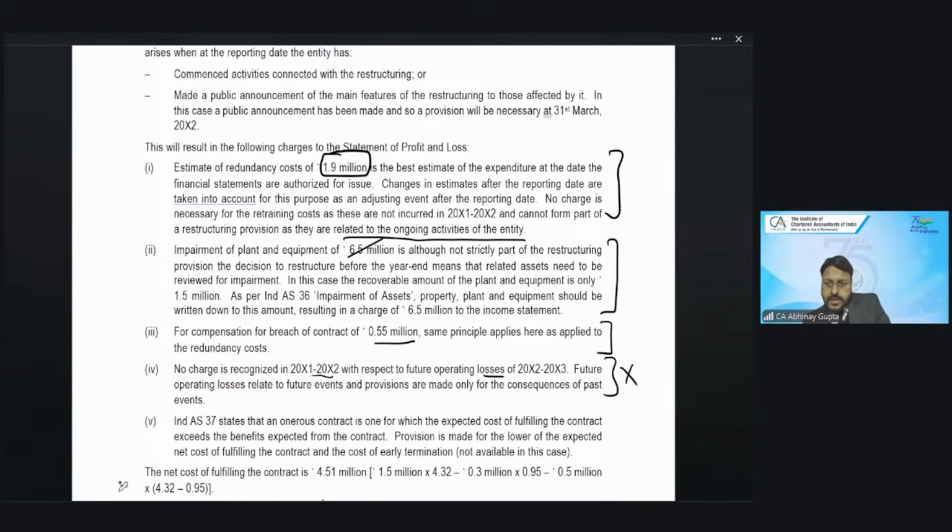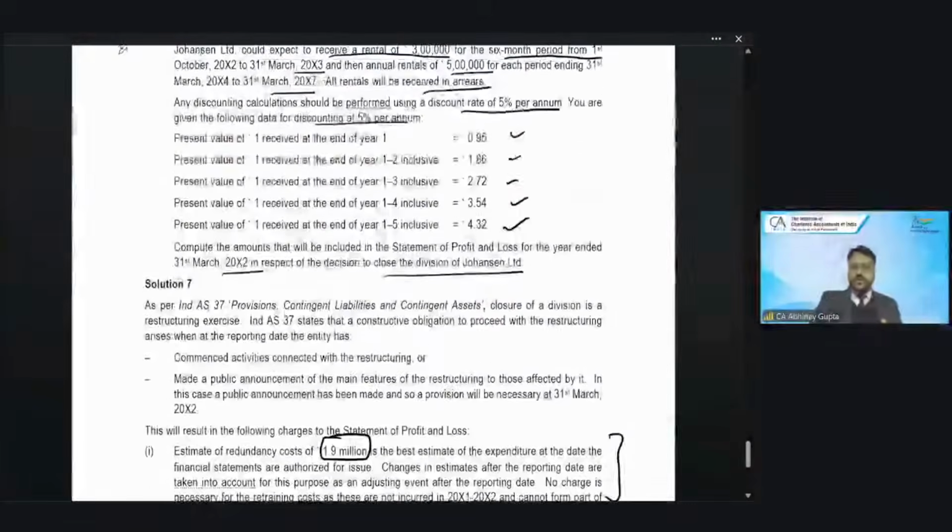Now, for the lease rental termination, how are we going to come up with the amount? So the discount rate calculation is already given in the question. So 1.5 million into 4.32 and 0.3 million into 0.95 minus 0.5 million into (4.32 minus 0.95). How did we do that? Here it is.